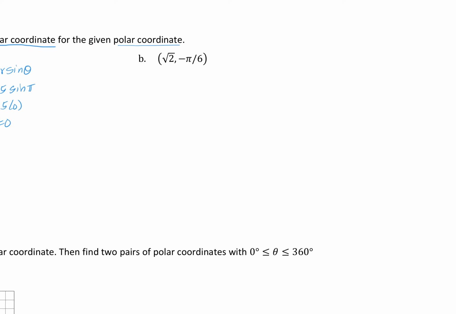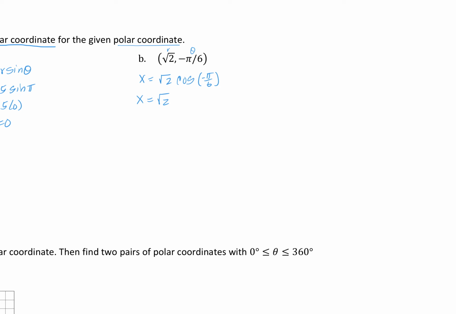Again, we have r, this is square root 2, and in this case, theta is negative pi over 6. So my x value is r cosine of theta, with theta negative pi over 6, and r is square root of 2.